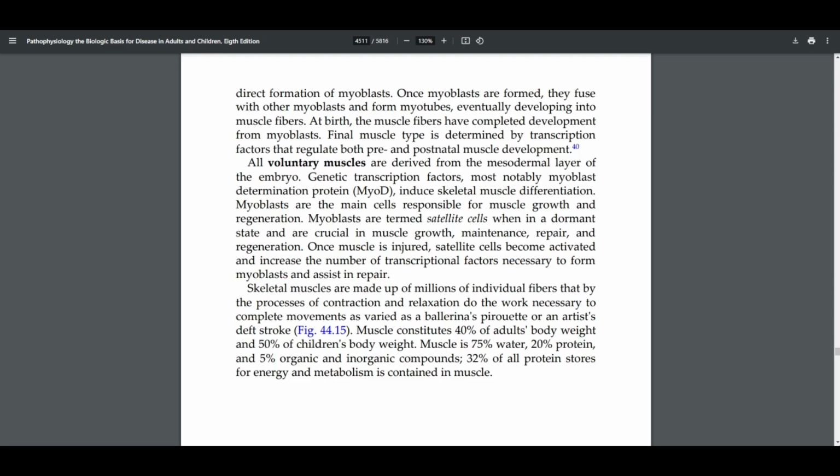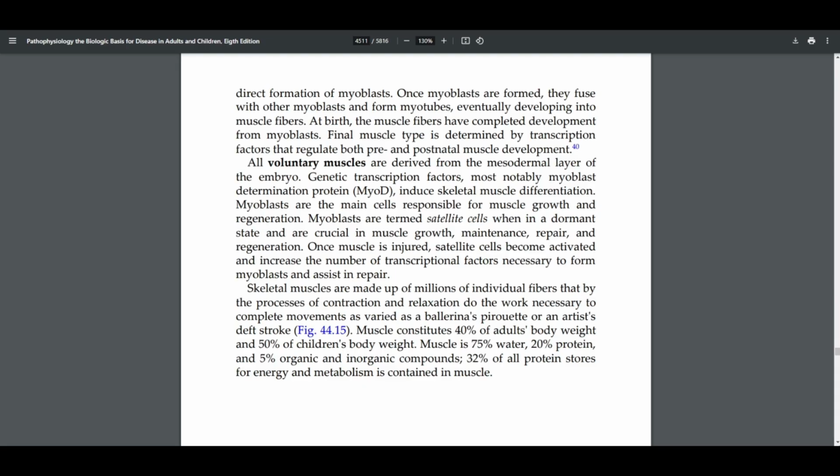Skeletal muscles are made up of millions of individual fibers that, by processes of contraction and relaxation, do the work necessary to complete movements as varied as a ballerina's pirouette or an artist's deft stroke.